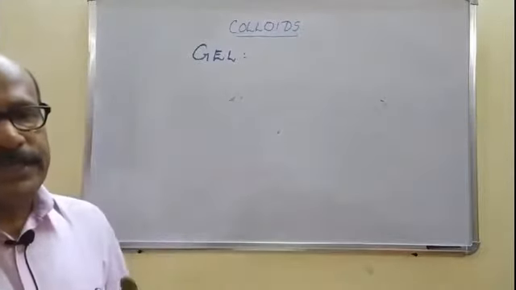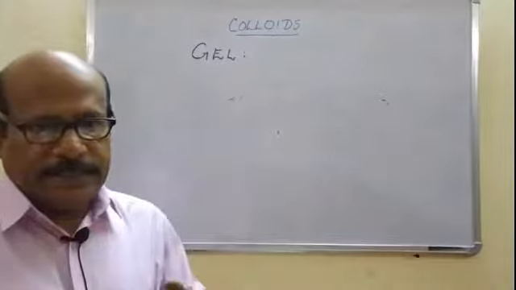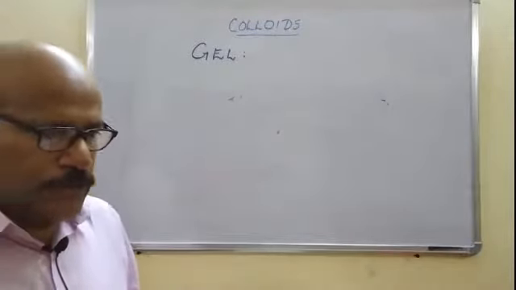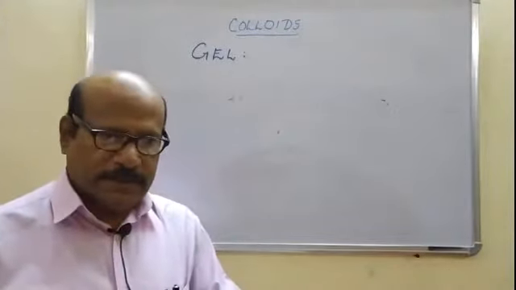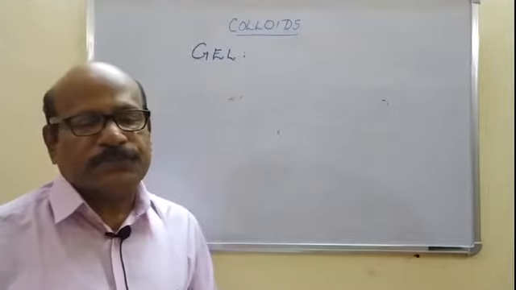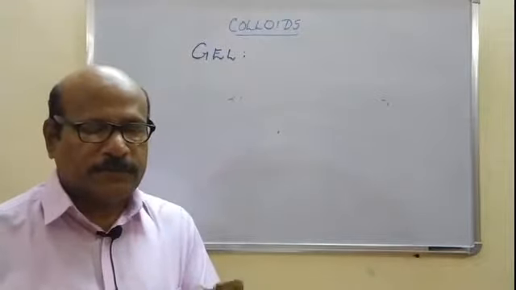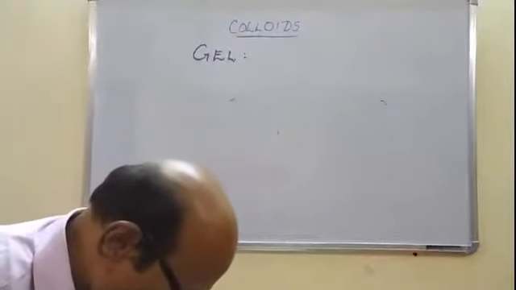A gel usually consists of a solid matrix of colloid particles. They are interlocked due to their cohesive forces in the form of bristles or threads.